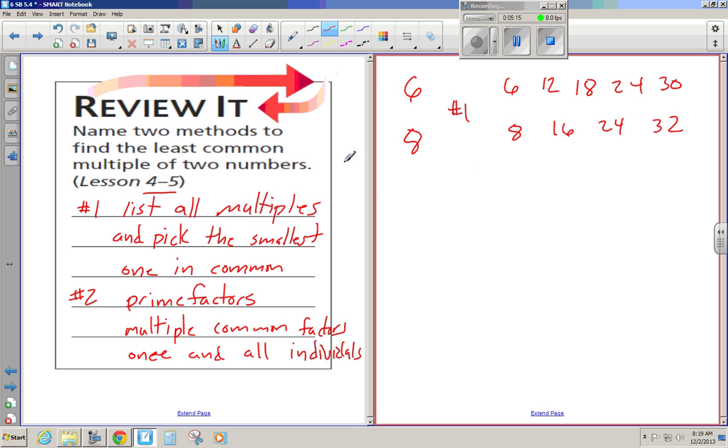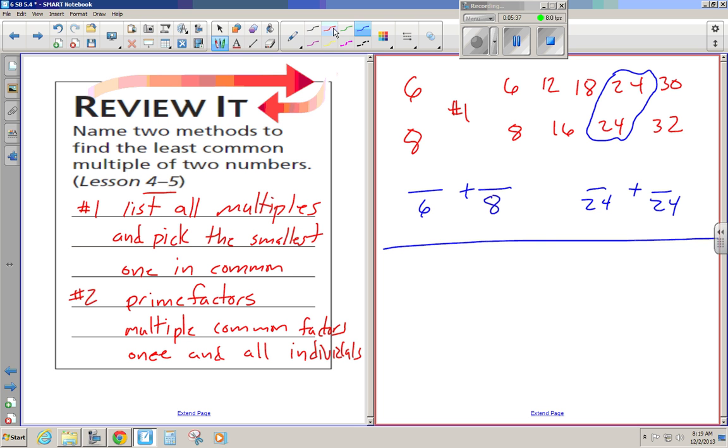And you basically then pick the smallest one that they have in common. This is the least common multiple of those two numbers. So that means any fraction like this, you would have to make it into 24ths.